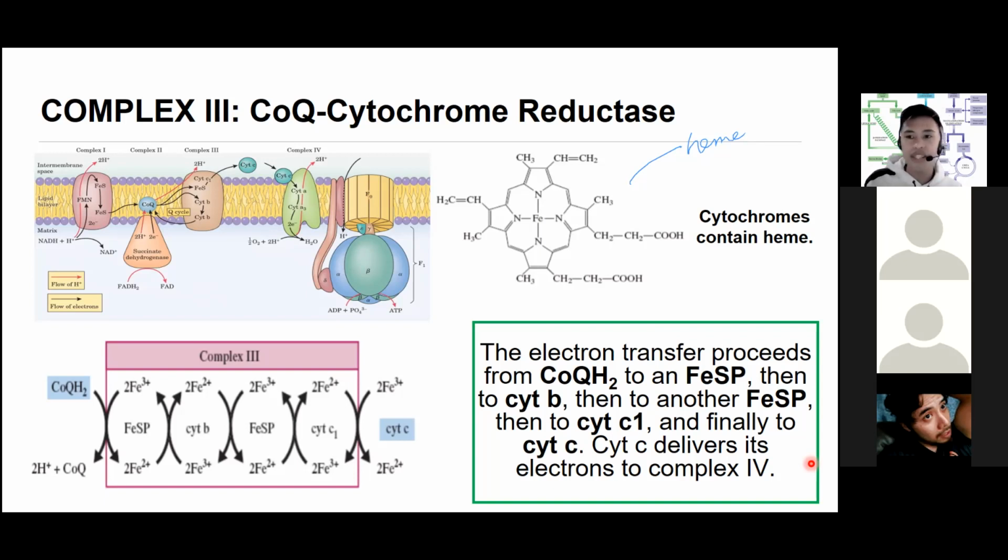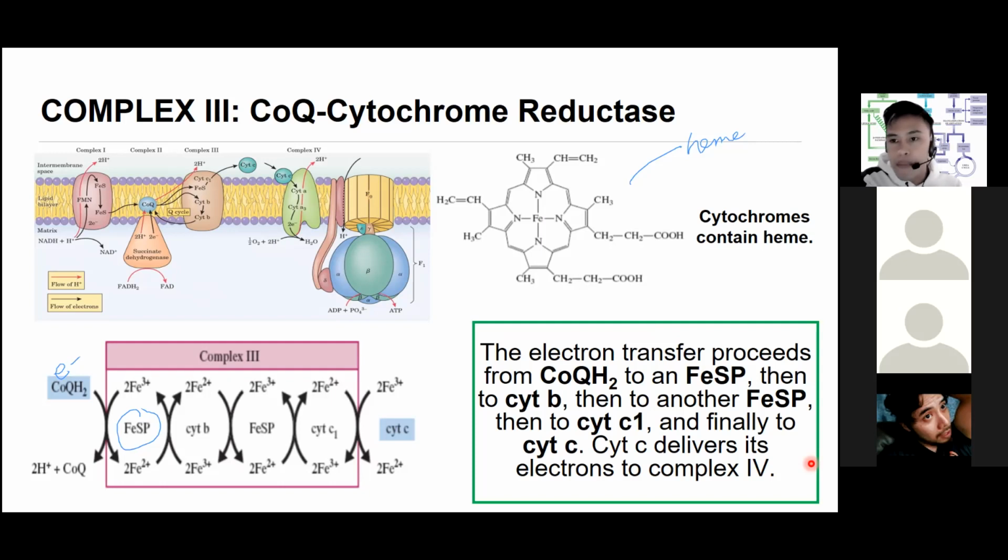So what's now the sequence of electron transport in your complex 3? Coenzyme Q is the one that carries the electrons, correct? The first thing it passes them to is iron. Just like the other complexes, it also contains iron sulfur proteins.